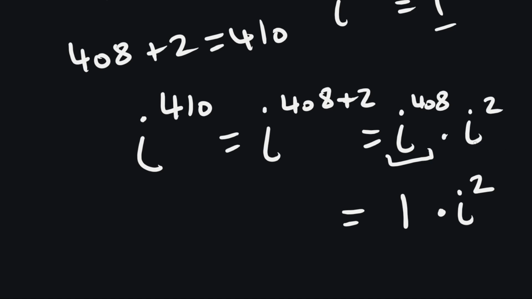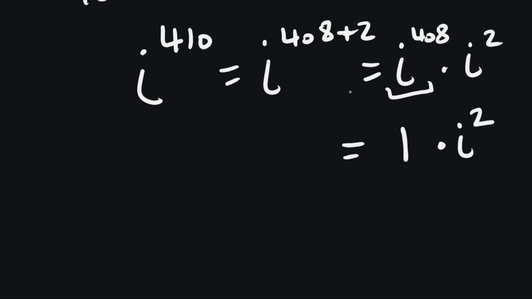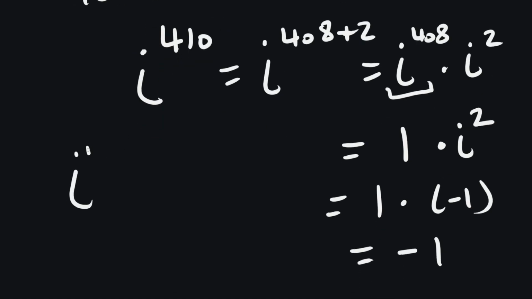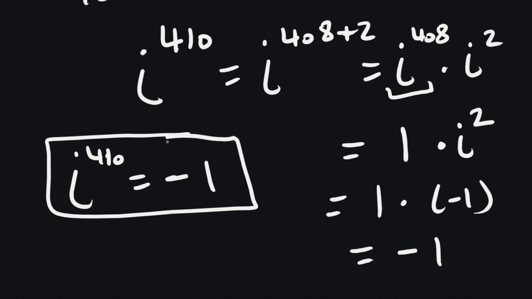And what is i squared? As we said previously, i squared is negative 1. So this turns out to be 1 times negative 1, which is negative 1. Therefore, i to the 410th power is negative 1. And that is how we find higher powers of i, and higher powers of imaginary numbers.